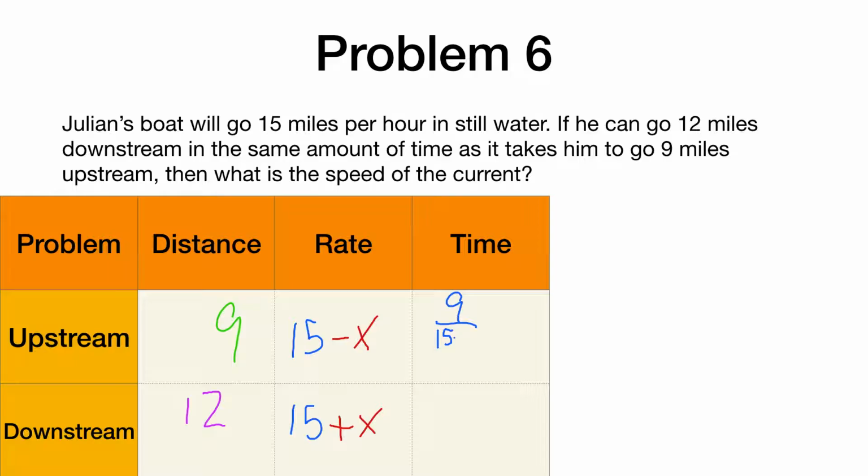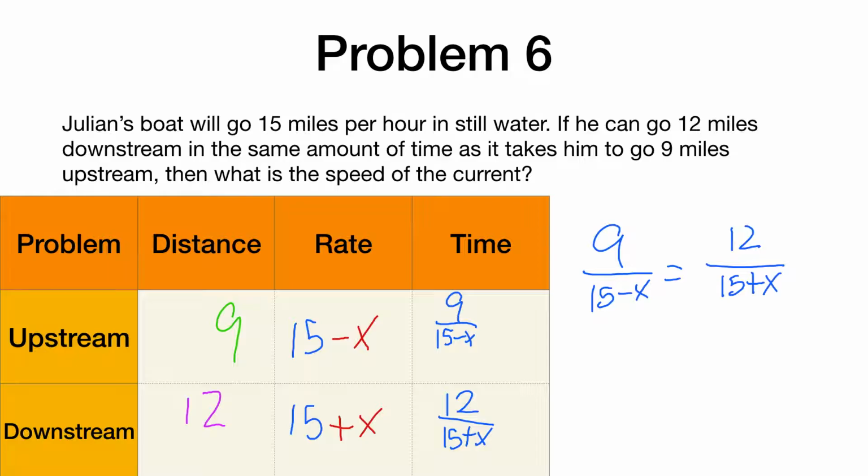9 over 15 minus x is equal to 12 over 15 plus x, at which point, by the way, the reason why I know that they're the same is it says the same amount of time right here. So, going to cross multiply, 135 plus 9x equals 180 minus 12x.